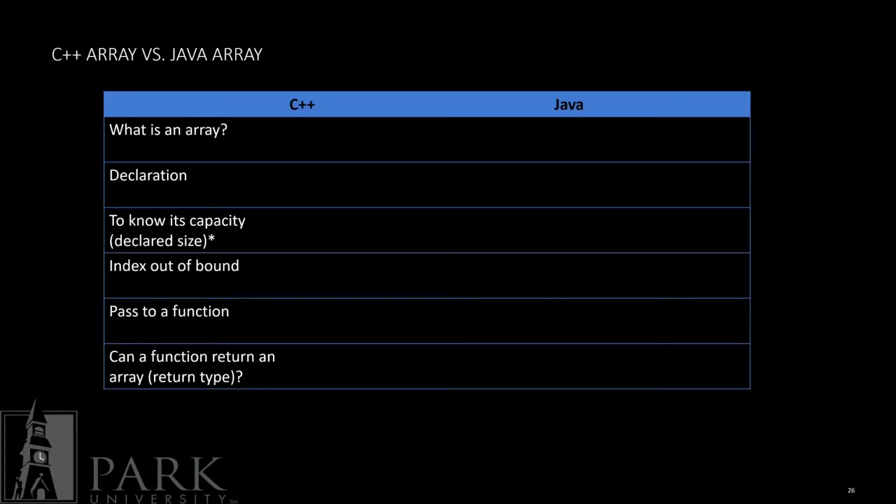So as the final thing that I want to do, I want to take a look at a comparison between arrays in Java and arrays in C++, right? It's helpful to understand the similarities and the differences between the two. First, arrays are implemented in Java as an object, and as such you have access to a length property.